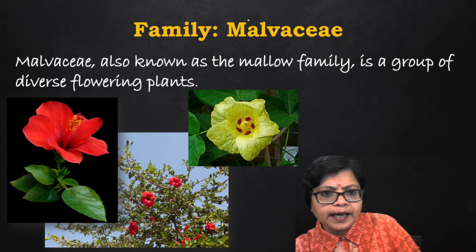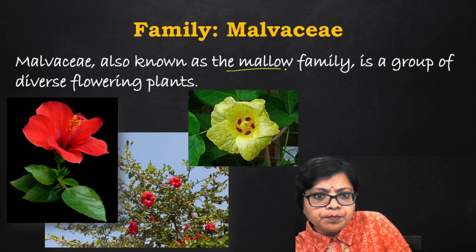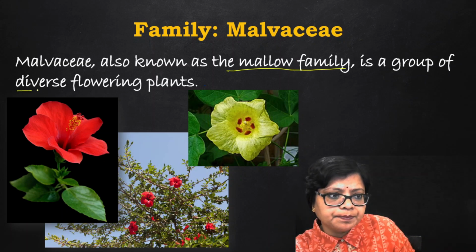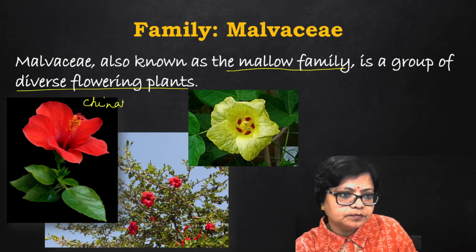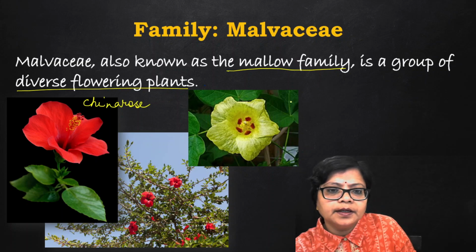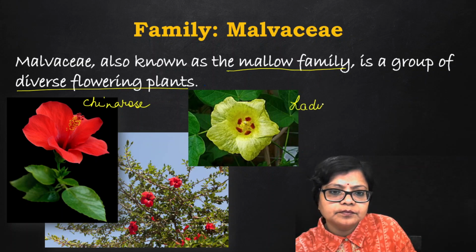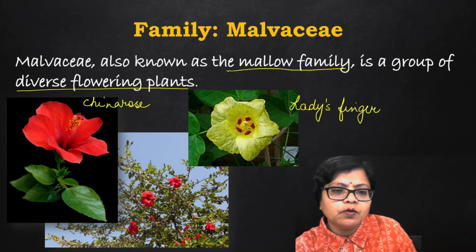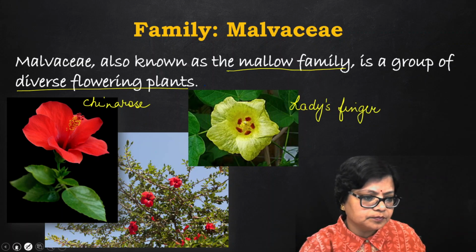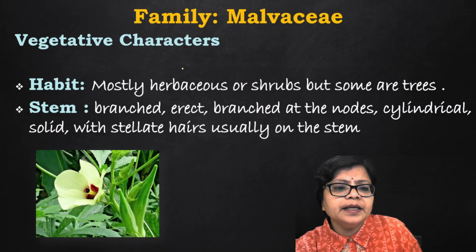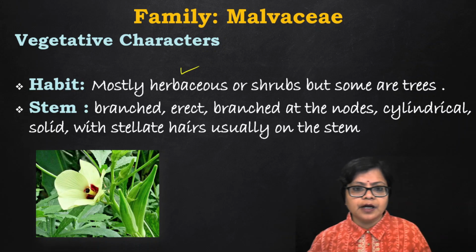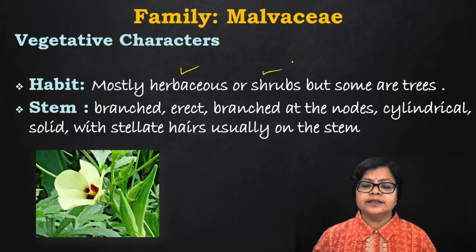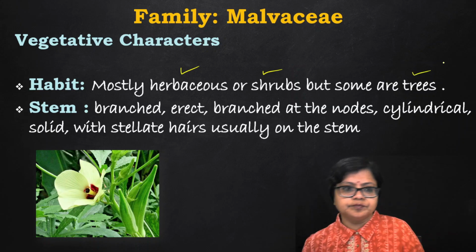It is also known as Mallow family, comprising of diverse flowering plants like China rose, lady's finger, gossypium, etc. Mainly herbaceous means short height, green in color, or maybe shrubs, bushy in nature, and some members are trees.